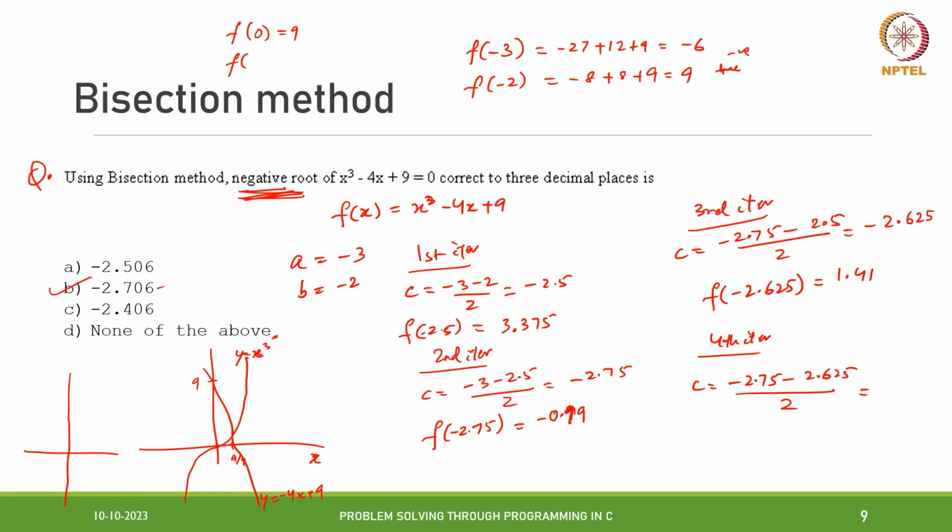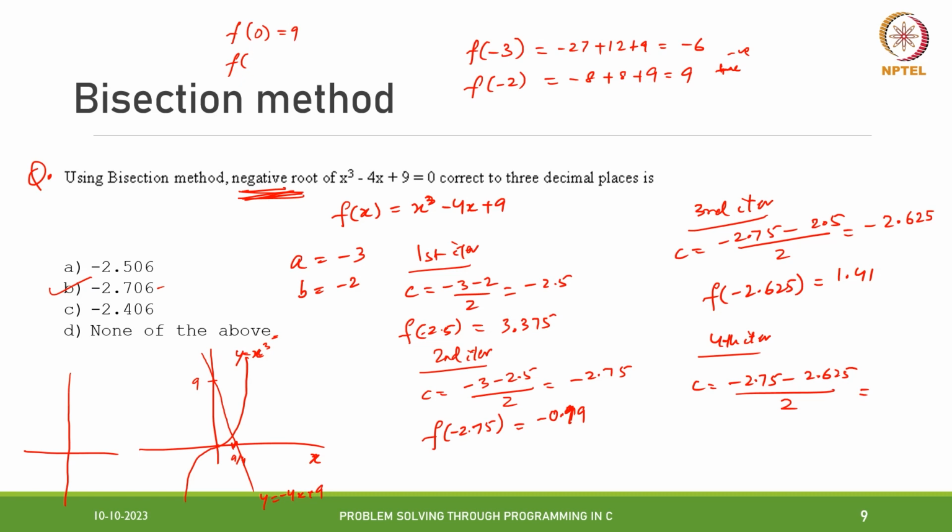Or I can try to draw it with a bit more precision. Okay, now it went through something else. Okay, fine. So this is a curve which is minus 4x plus 9. This is a curve which is y equals x cube. Now you need to add these two curves up and comment on that.